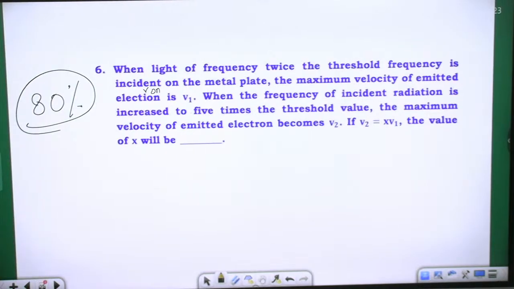So when light of frequency twice the threshold frequency is incident on a metal plate, the maximum velocity of emitted electrons is V1. When the frequency of incident radiation is increased to 5 times the threshold value, the maximum velocity of emitted electrons will be V2. If V2 is equal to xV1, the value of x will be?